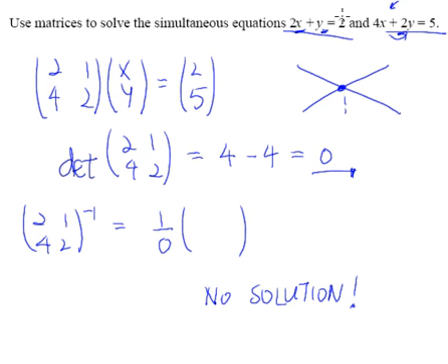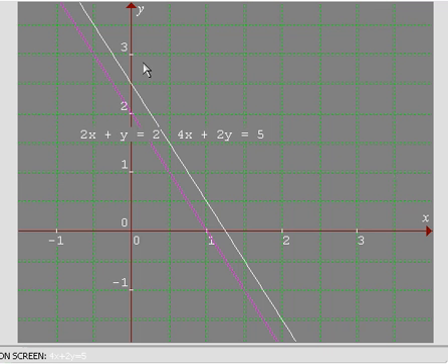When you plot the graph of these two, does it mean that they don't intersect at all? These two lines here are the plot of the two equations that we saw: 2x plus y equals 2, 4x plus 2y equals 5.